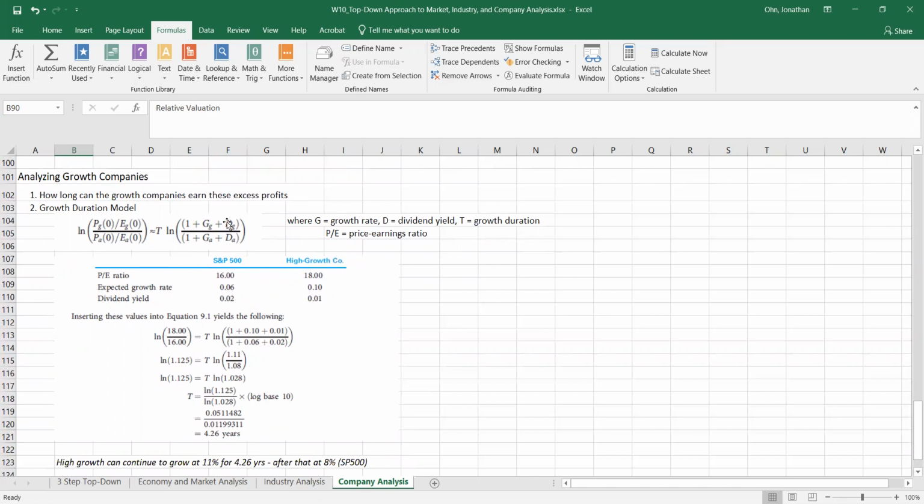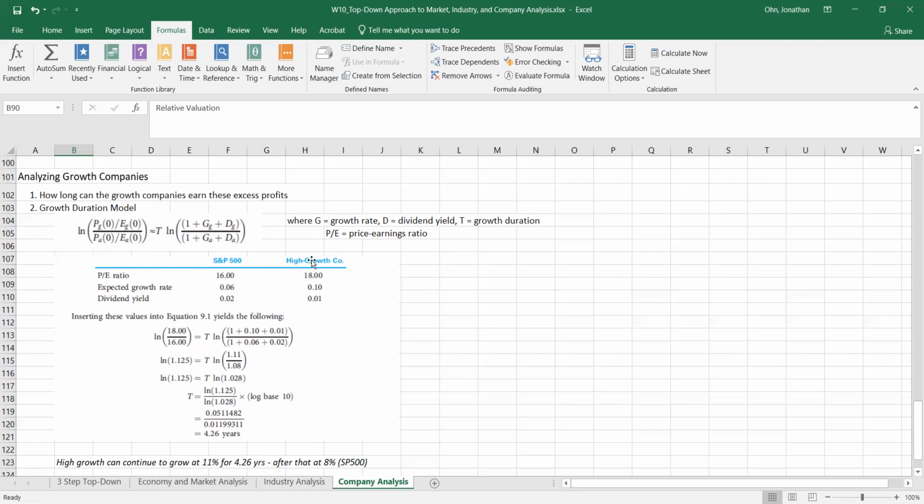G is the growth rate, D is the dividend yield, and then the P/E ratio is here. G is a growth company, A is some benchmark company or market portfolio, right? The comparison group. So the S&P 500, that's the market portfolio. And for the high growth company, you are given this information: P/E ratio, growth rate, and the dividend yield. Then you put all these numbers in here, like this.